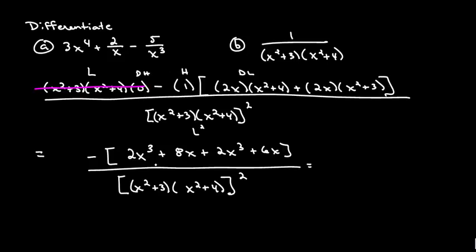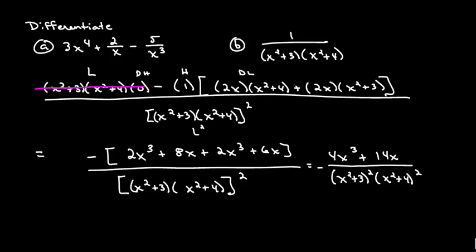Okay, so here I've got 4x. I still got a negative out in front. I'm just going to leave that way out in front of everything. So I've got 4x to the third plus 14x over x squared plus 3 squared x squared plus 4 squared.